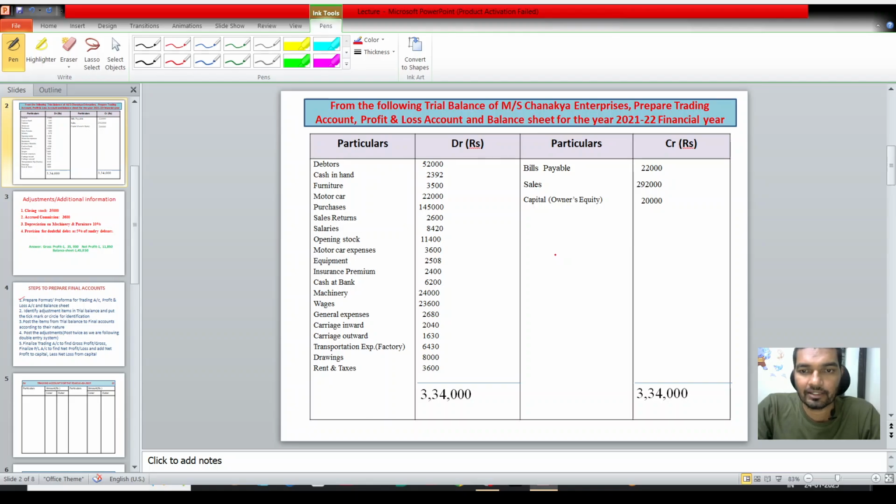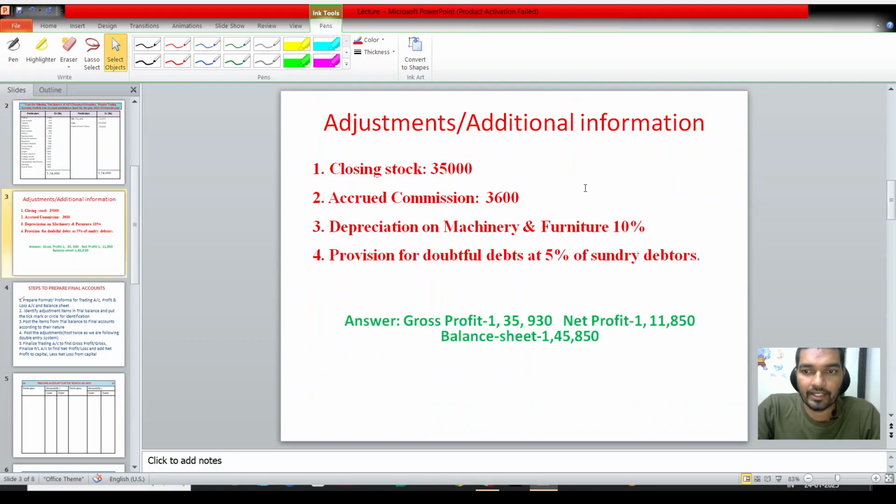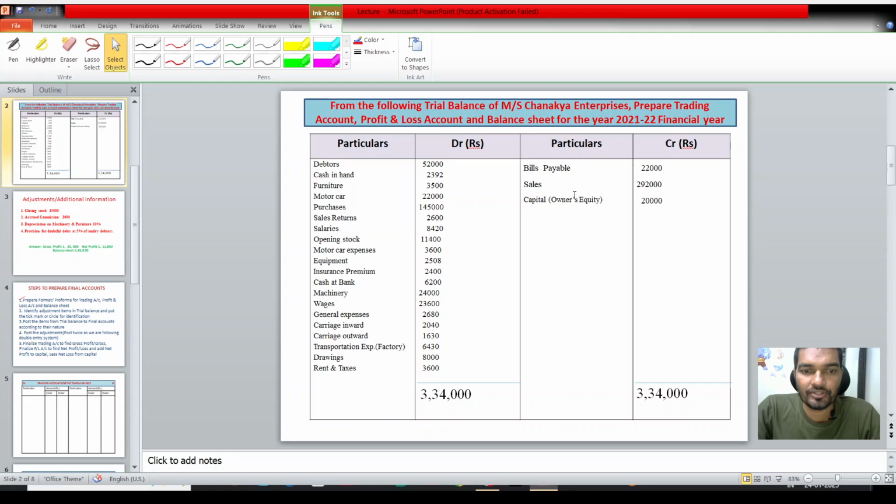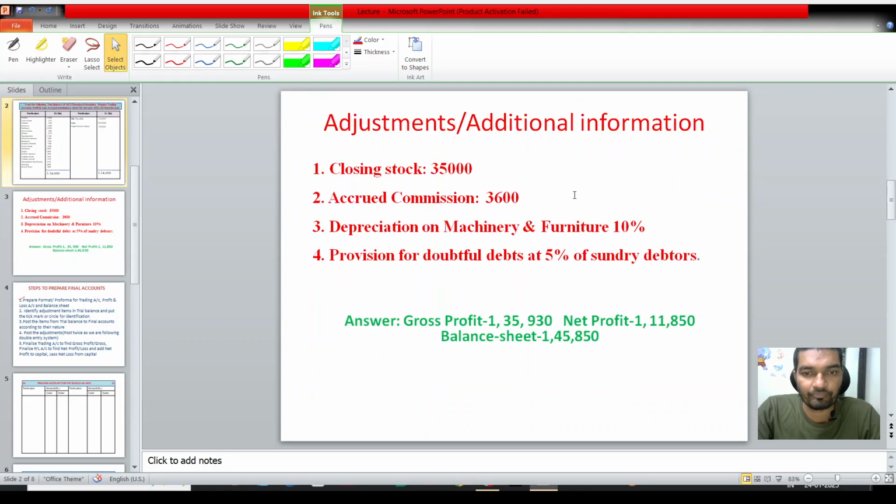So in that particular case, in case of accrued commission, we need to add it and directly show it under the asset side. So the particular commission is not given in the sum, so we can directly post that item.